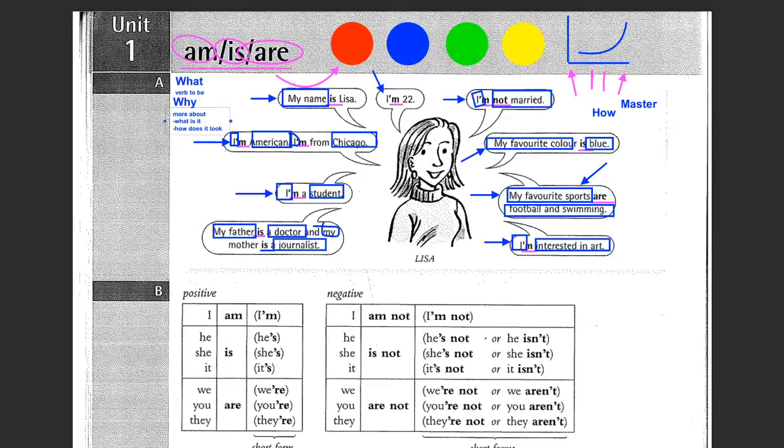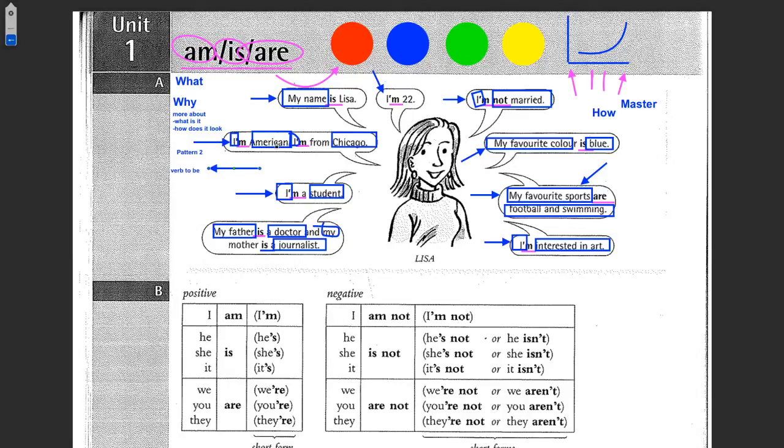What pattern are they? They're using pattern 2. All of these sentences belong to pattern 2, and the function of verb to be is to link up the subject as well as the other part.